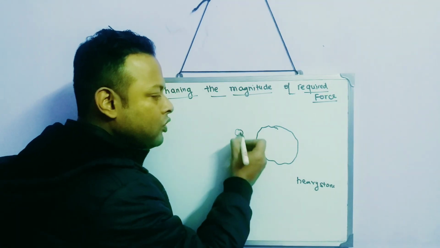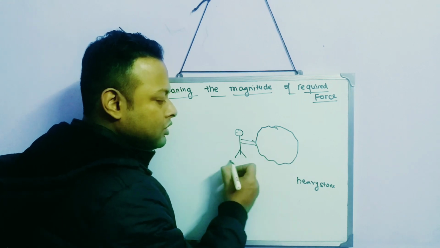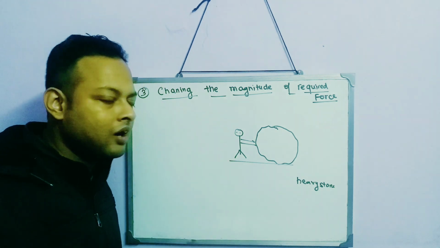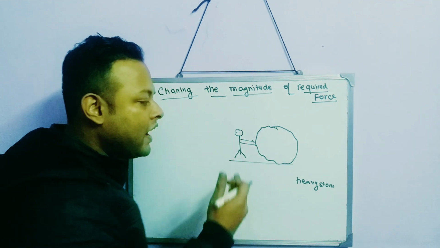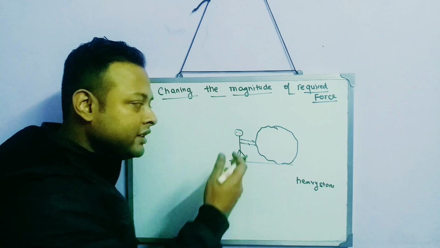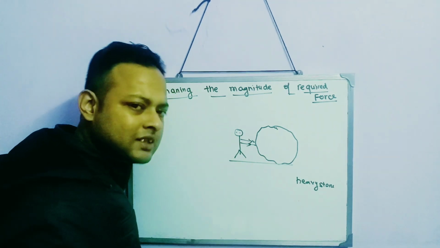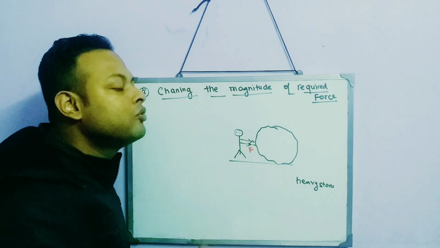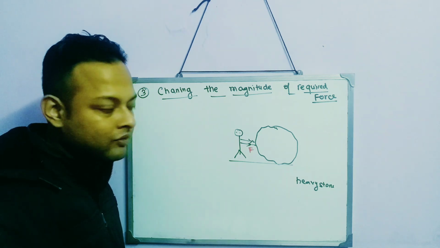So this person over here is applying some force. Now, will this person be successful? No, because this rock is very, very heavy, and the force that this person is applying is very less. So suppose the person is applying some force, but this force is not enough to move this rock. Obviously this person will become tired after some time.